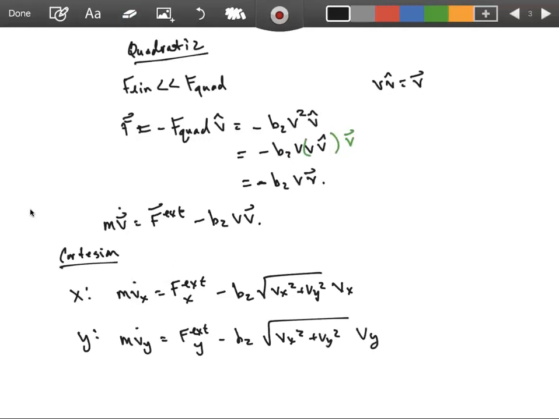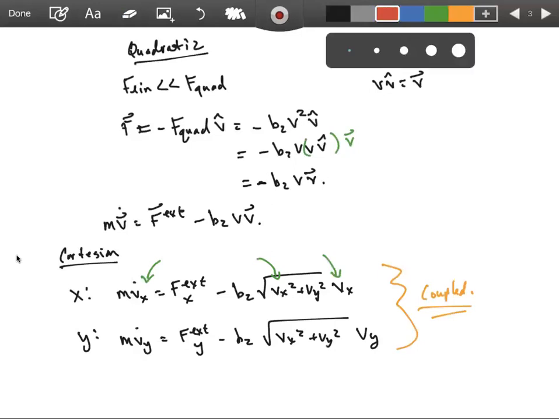The presence of that magnitude of the velocity causes problems in the fact that now these two equations are fully coupled. So what does that mean? Notice that here, the instantaneous acceleration in the x direction depends on the instantaneous velocity in the x direction, which is good, but it also depends on the instantaneous velocity in the y direction.